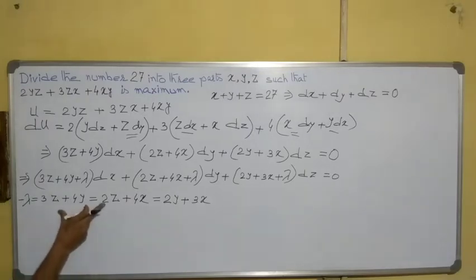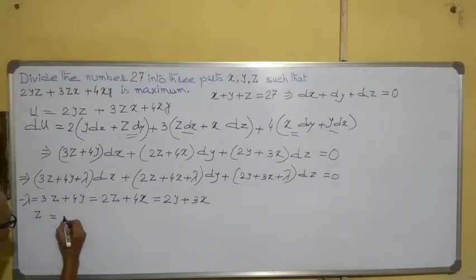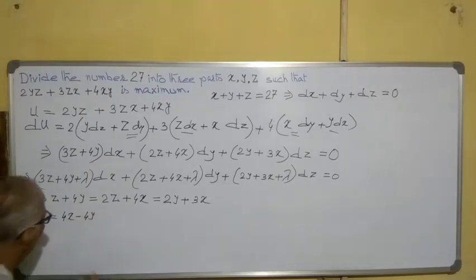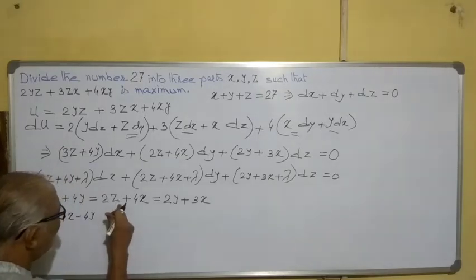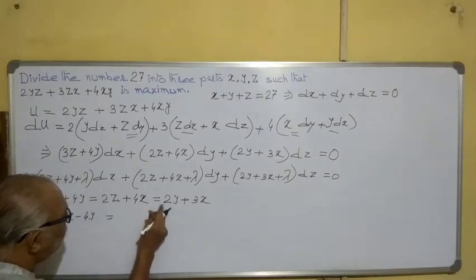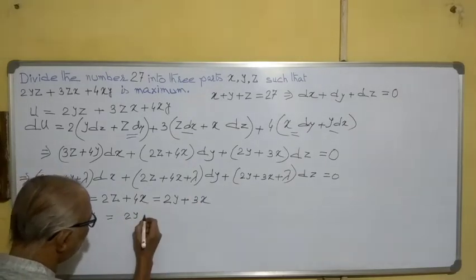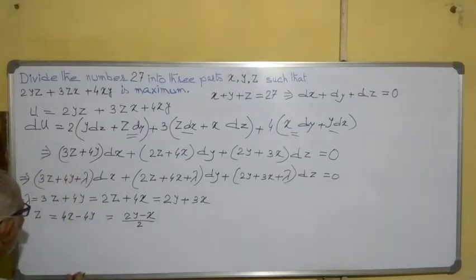From the first two, 3z minus 2z, z equals 4x minus 4y. Again from the other two, z equals 2y, 3x minus 4x will be minus x by 2, so z equals 2y minus x by 2.